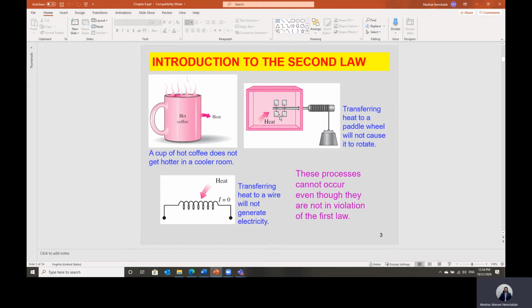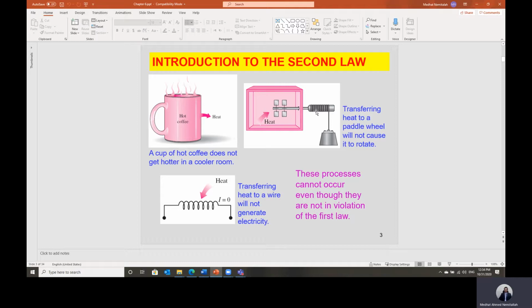Also here, if we have a paddle wheel, then we have input shaft power. This input shaft power can be converted to heat. It will move the fluid inside, and this work will be converted to kinetic energy, and this kinetic energy will be dissipated in friction between the molecules themselves and between the molecules and the wall.